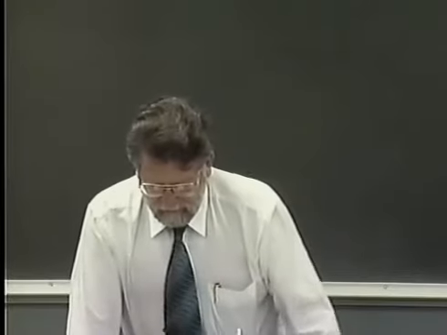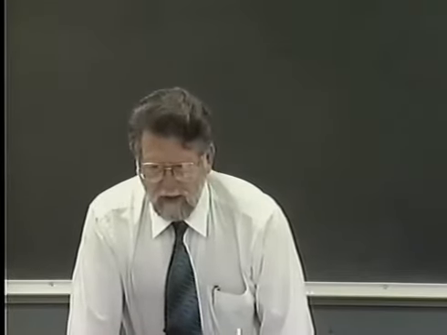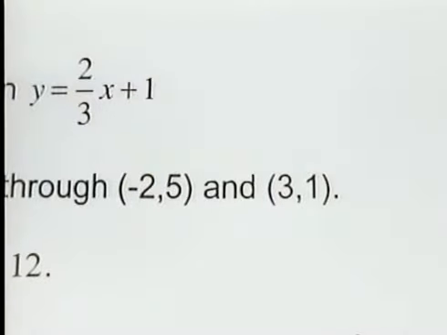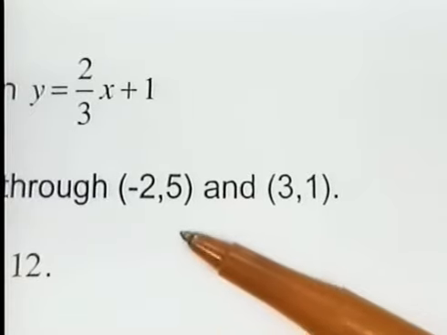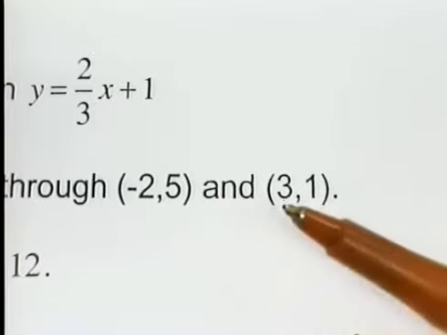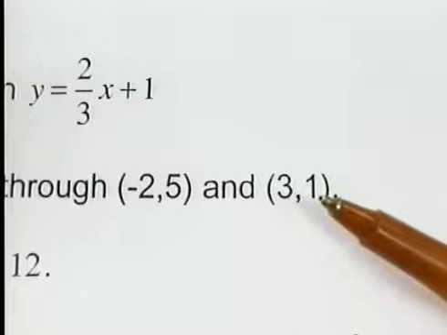Now the next one. This is one of the more involved ones. I gave you two ordered pairs, -2, 5 and 3, 1. Point 1 we will consider the -2, 5. This one right here I'm pointing to is the first point because it is to the left of the second. So point 1, point 2.